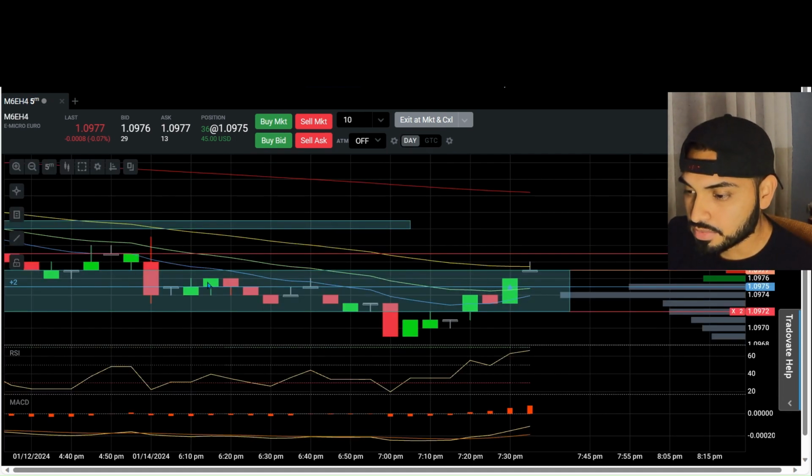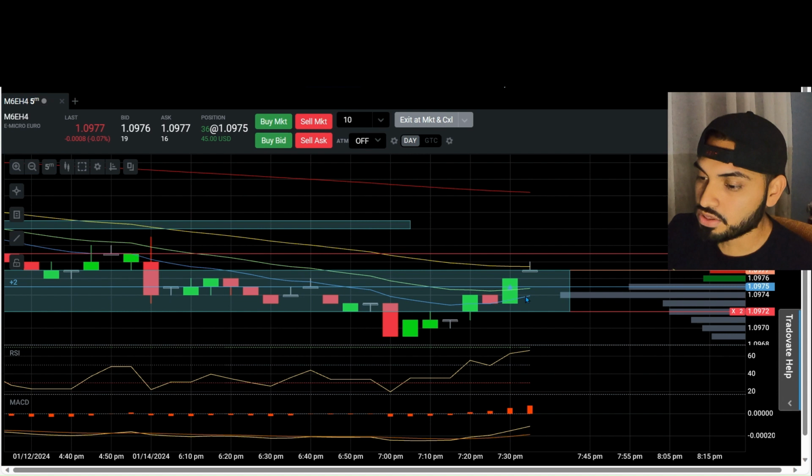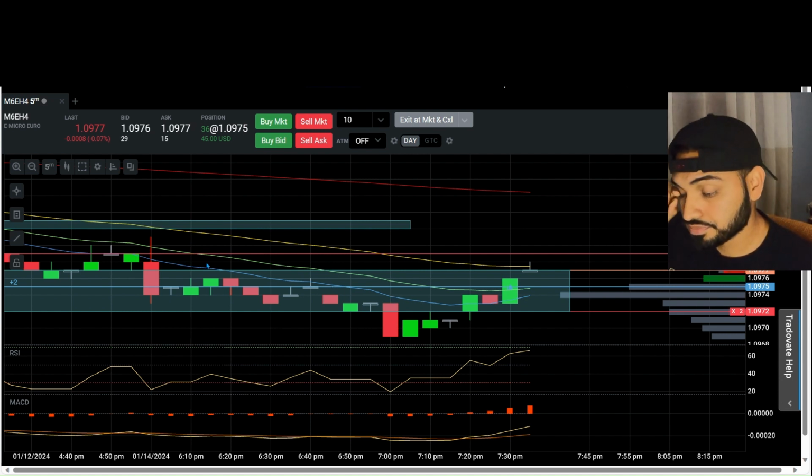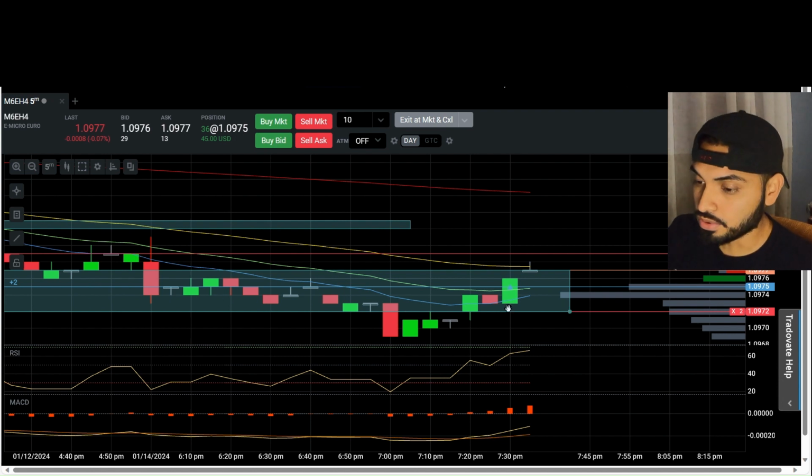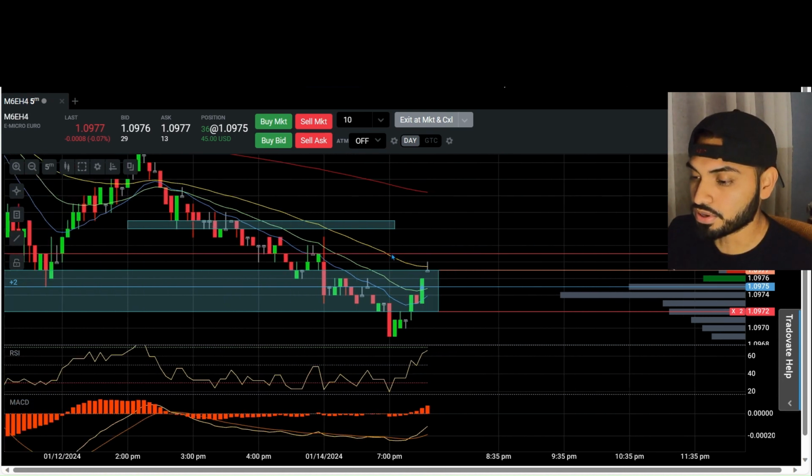So this level right here, this range, this rectangle box, that's a support level. It doesn't have to be exactly it, but it has to be somewhat in the range that you make this support level. Price clearly got supported in this level. It went down a little bit from my rectangle, but eventually climbed back up, being supported.